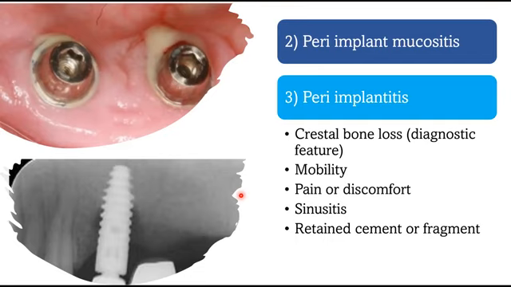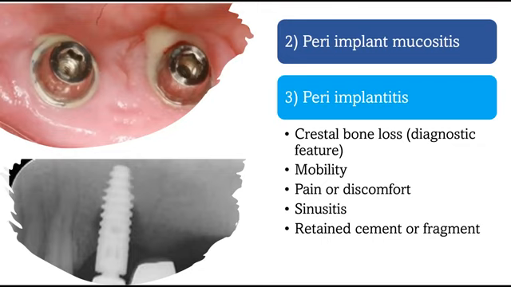around the osseointegrated implant in function, the most important diagnostic feature is the crestal bone loss, as you can see in this image. This can be associated with or without mobility, and if it is associated with mobility, it is suggestive of the terminal stage of failure.